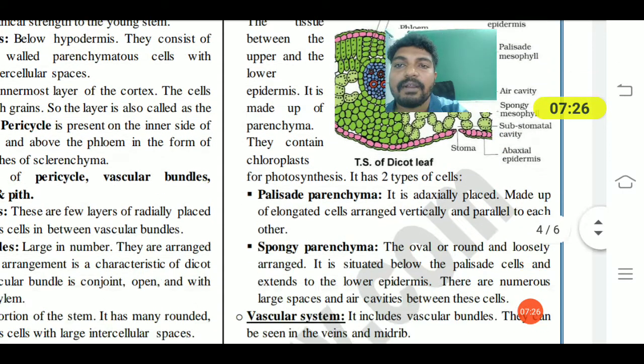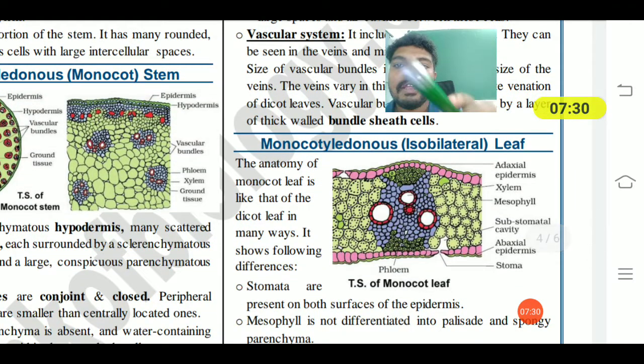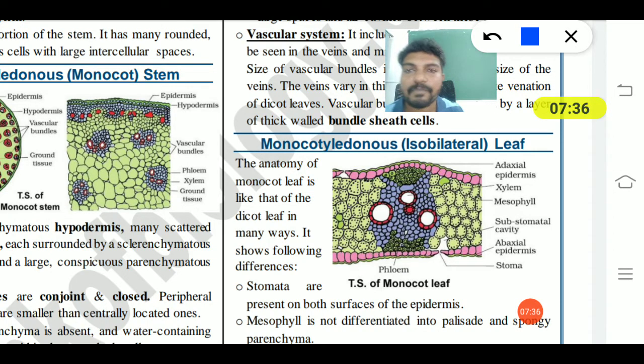Now coming to a monocotyledon leaf or isobilateral leaf, here also there is an epidermis region, mesophyll region, and the vascular region. The upper epidermis is called the adaxial epidermis, and the lower epidermis is called the abaxial epidermis.